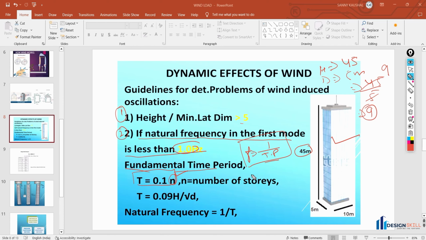Let's suppose that I have a structure of 30 floors, so I'm taking the number of floors as 30. Then how will I calculate the time period? Tp will be 0.1 multiplied by 30, so it will be 3 seconds, right? Now I told you how to calculate the frequency: frequency is 1 by Tp. So 1 divided by 3, how much is it?